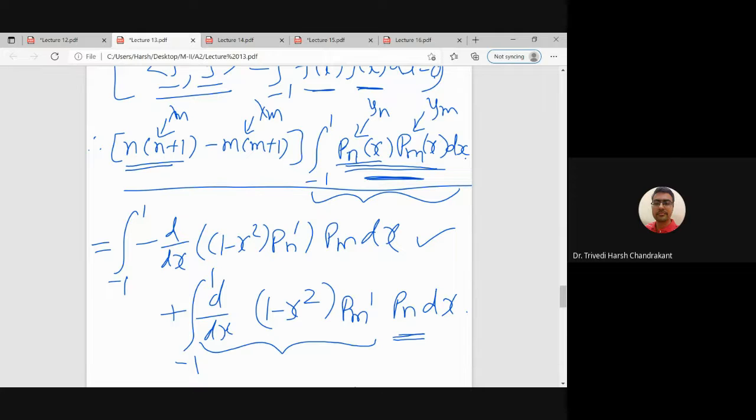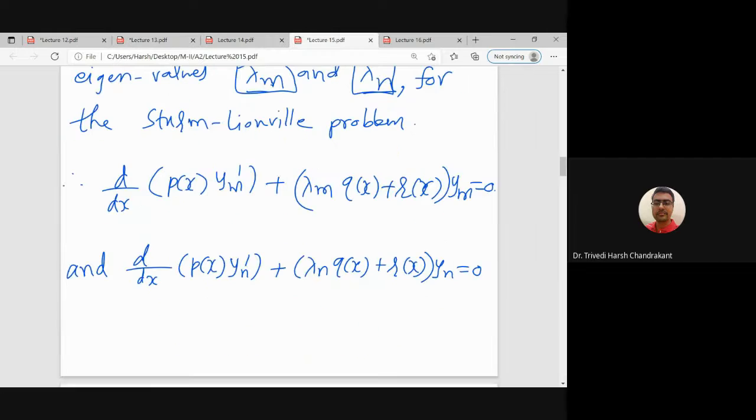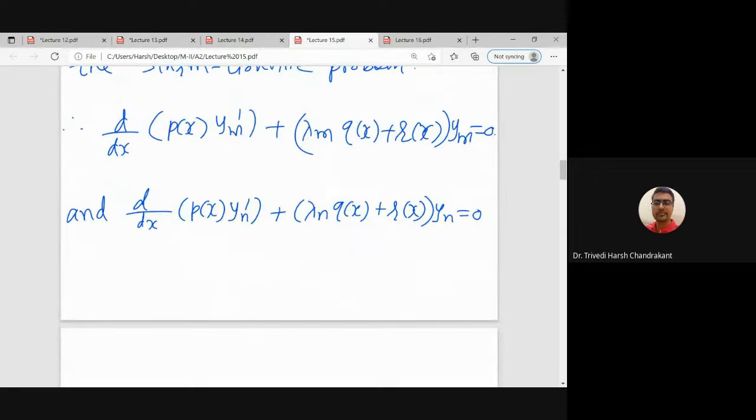Alright, so we'll consider this term, and for that we need to multiply the first equation by ym, the second equation by yn. Right. So a similar thing we will do here. So let us call this equation number 1, equation number 2, right?